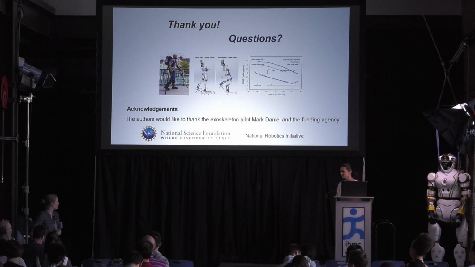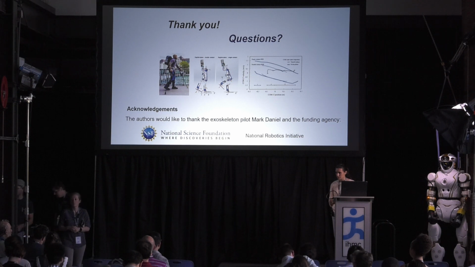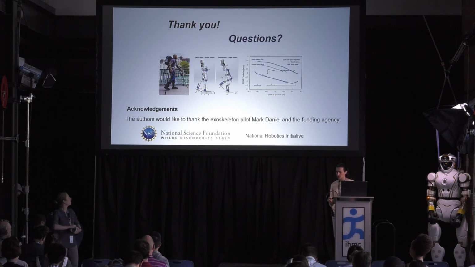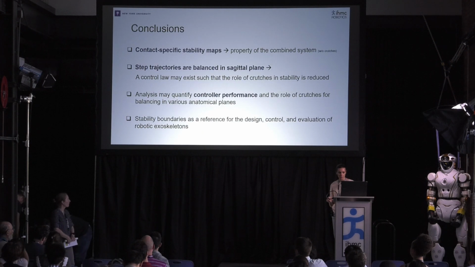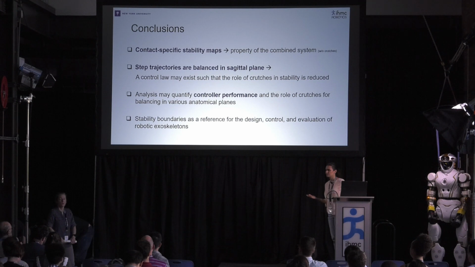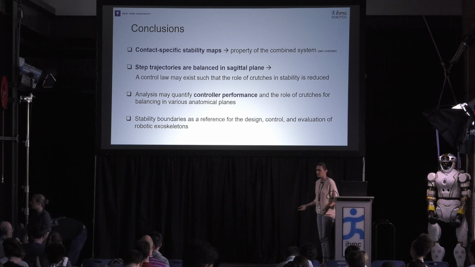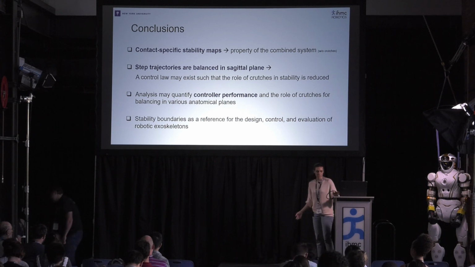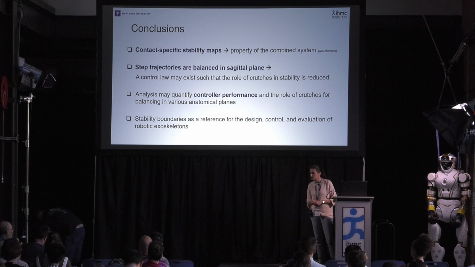So at the beginning, you talked about stability boundary in standing. Is that correct? The first one of the earlier plots, you showed the stability boundary just for what you can recover without stepping. Was that? No, these stability boundaries are for a given contact configuration. It doesn't have to be standing. But in that contact configuration, it's the stability boundary from a fall.